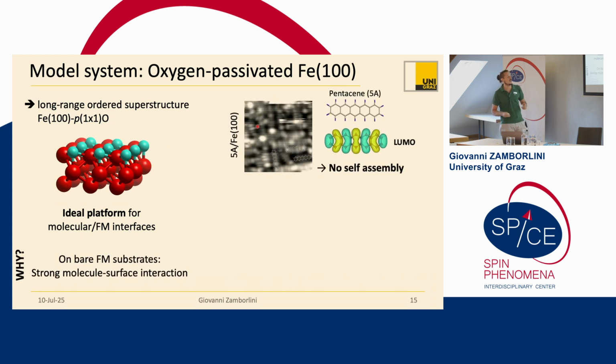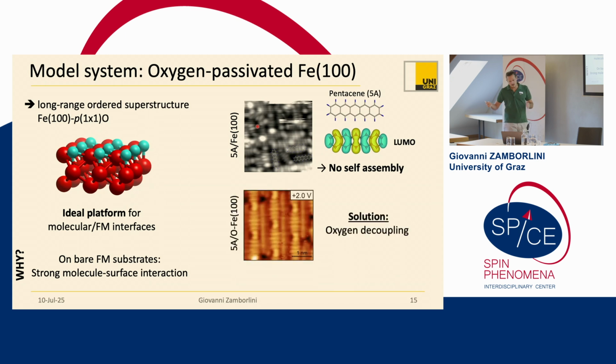So molecules do not self-assemble, because the molecule-substrate interaction dominates over the molecule-molecule interaction, which is the one that gives you the self-assembly. But if you intercalate a layer of oxygen that reconstructs in a very ordered manner, so you have this one-by-one reconstruction here, then you can somehow decouple the molecule from the surface.